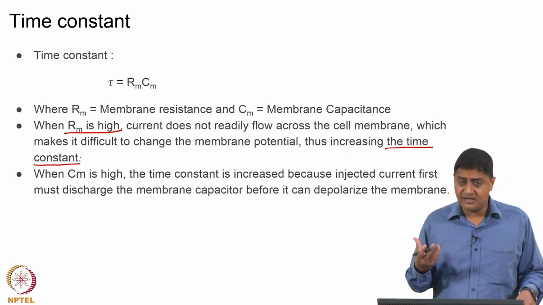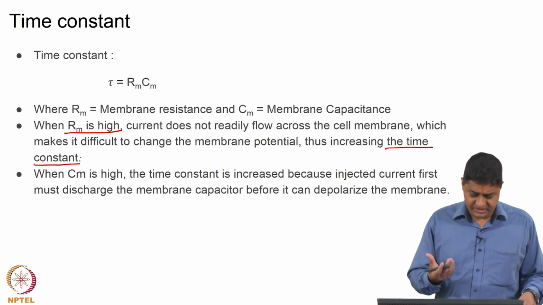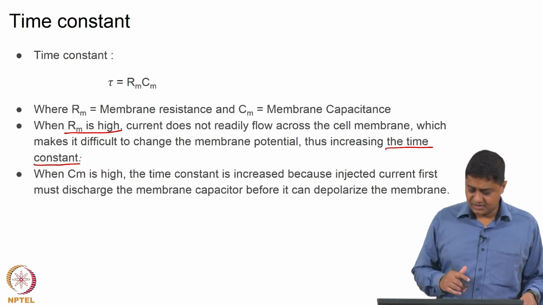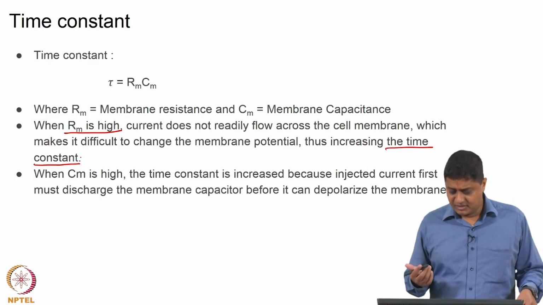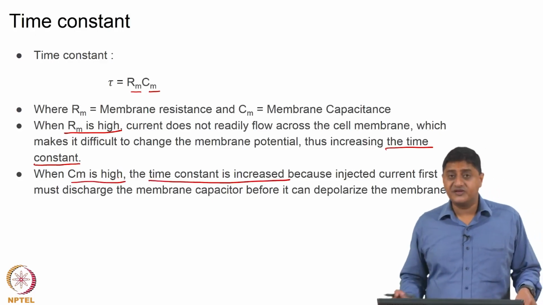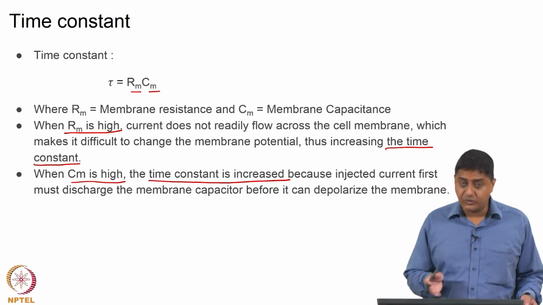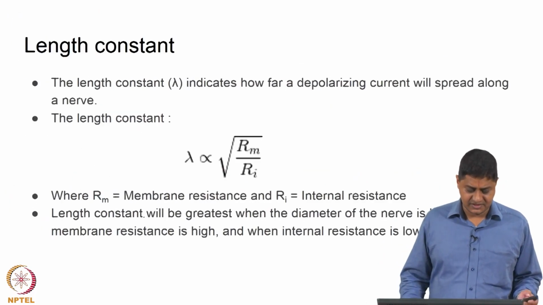When Cm is high, the injected current must first discharge the membrane capacitor before it can depolarize the membrane. So, when Cm is high, then tau is high. Both Cm and Rm increase tau due to these physical reasons, right.